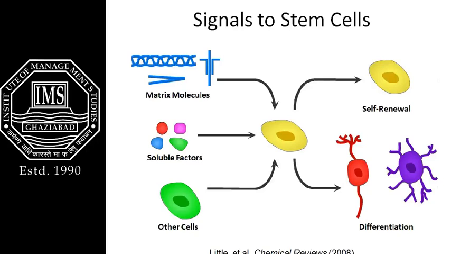Cells stick and respond to molecules embedded in their extracellular environment. They also respond to chemicals or molecules floating around in the liquid surrounding them. Cells can feel and communicate with each other and also can respond to forces. How might an embryonic stem cell respond if it touches a bunch of muscles?